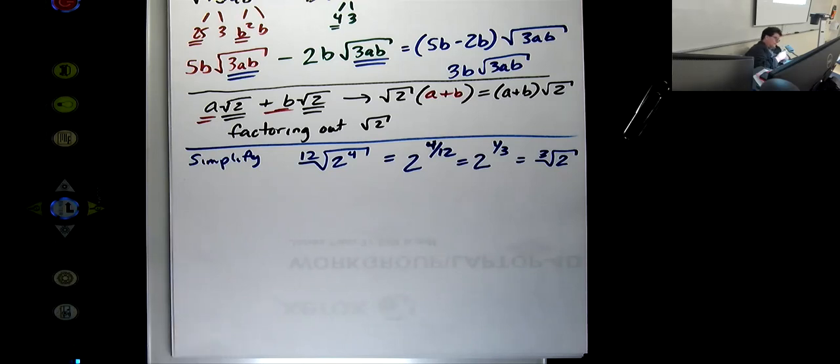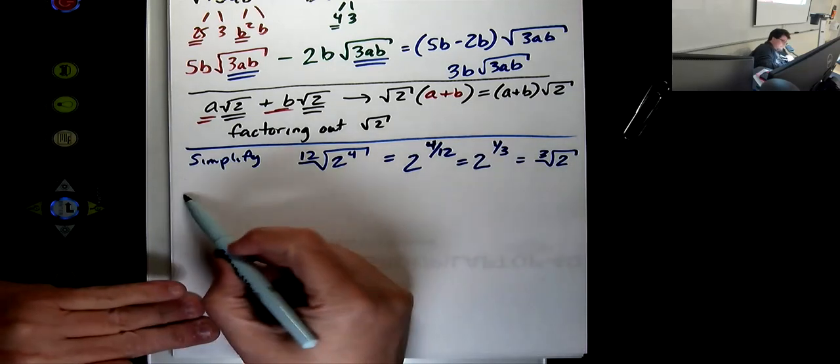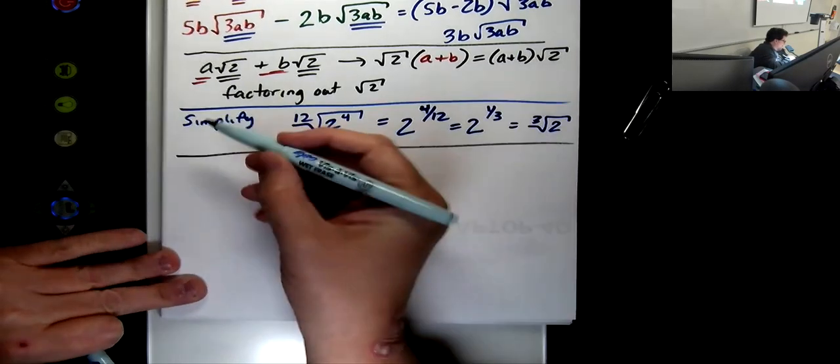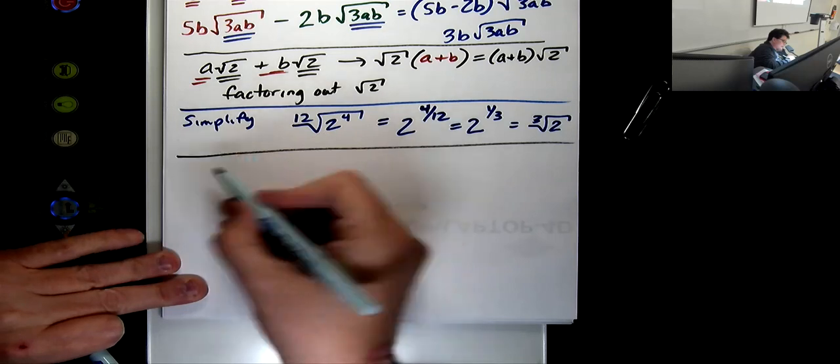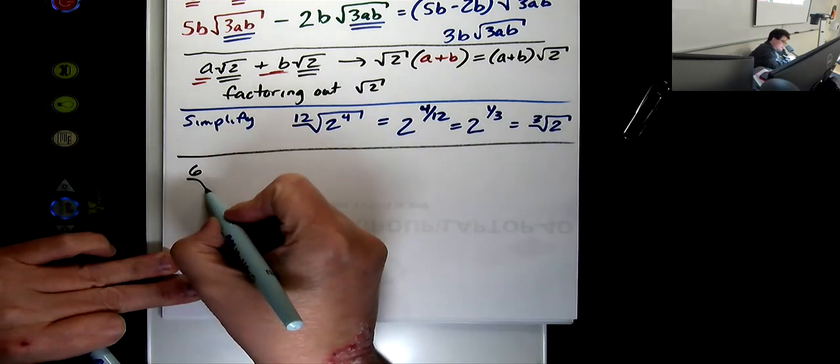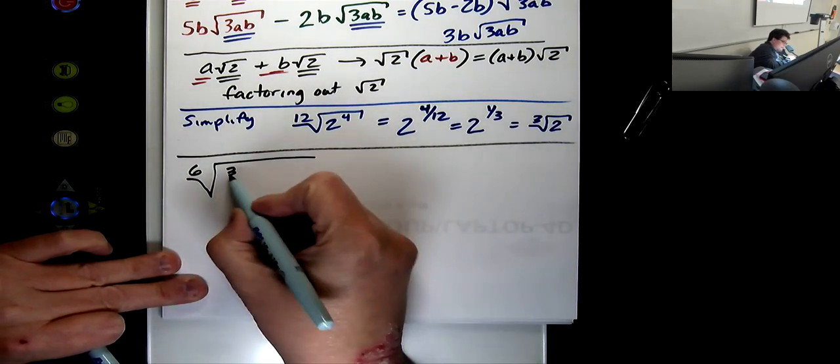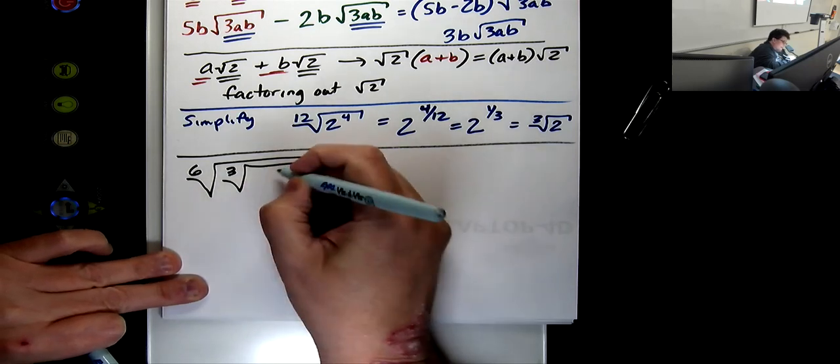Another crappy one that I don't know occurs very often in real life. The 6th root of the 3rd root of 4 squared.